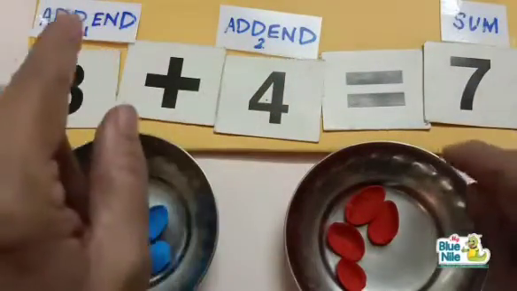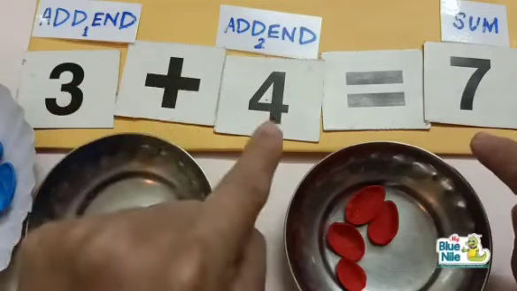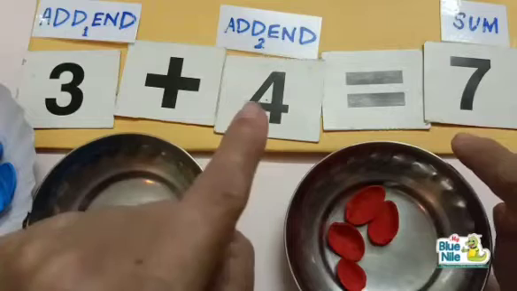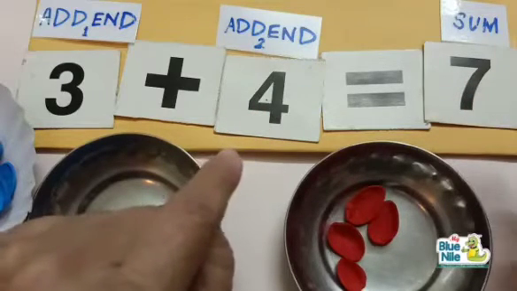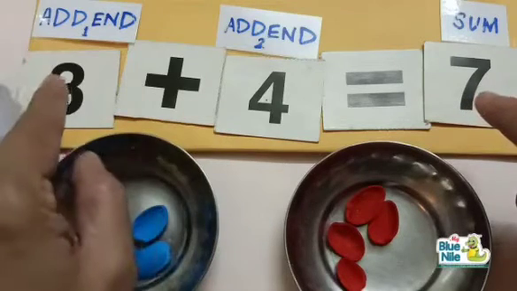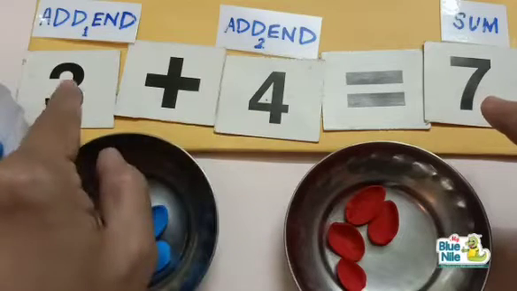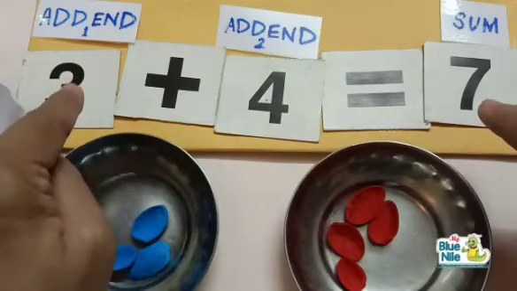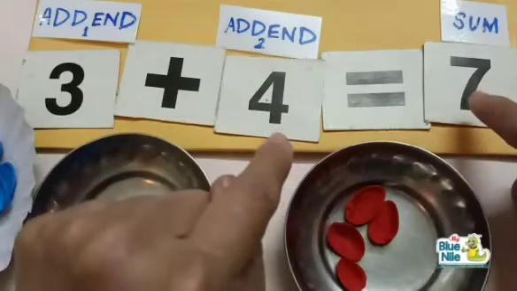Now let the kids observe that addend 1 and addend 2 are always smaller compared to the sum. Or we can say that the sum is always greater than addend 1 and addend 2. Okay, so addend 1 is 3, see 3 is smaller compared to 7, addend 2 is 4, smaller compared to 7.